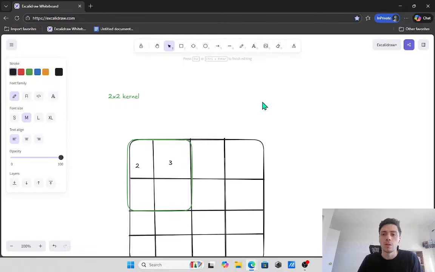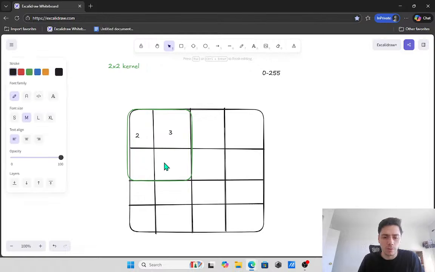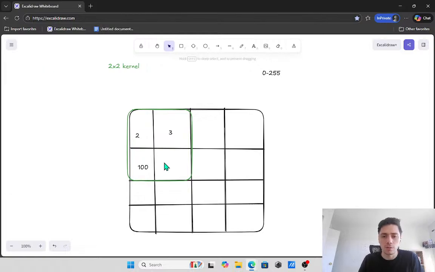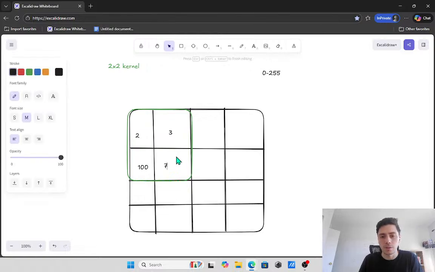So in black and white images, it's from 0 to 255, which is, I think, 0 being white and 255 being black, and the intensity is between there. So here we could have 100, here we can have 7.